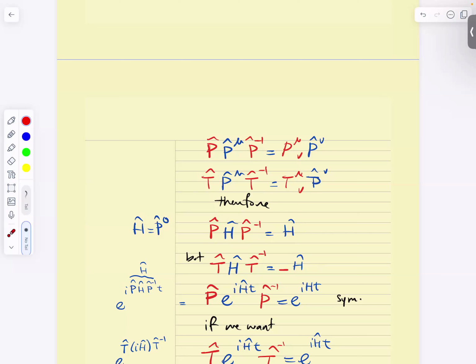There's a story you were told before about continuous symmetries, or quantum mechanics. A symmetry was something that commuted with the Hamiltonian, right? These are Z2. So the first equation, PHP equal to Hamiltonian, means PH is equal to HP. So they commute. When you have this equation, it means what? It means TH is minus HT. So it means that they anti-commute. What the hell? Nobody ever told you about that.